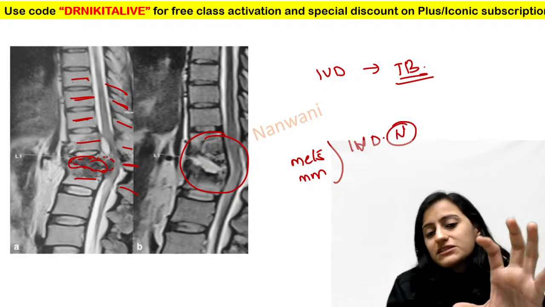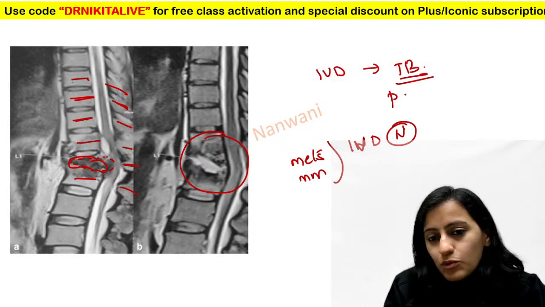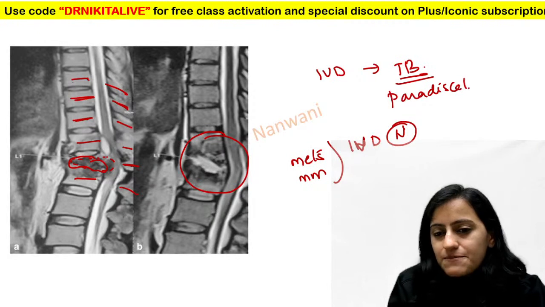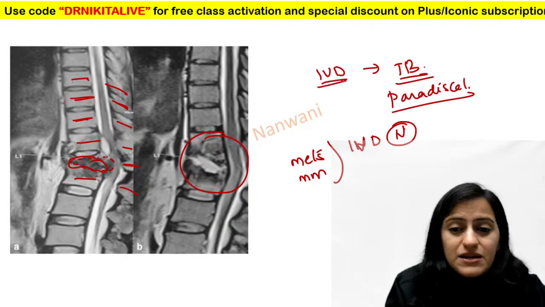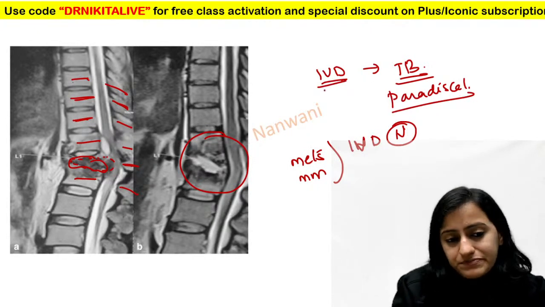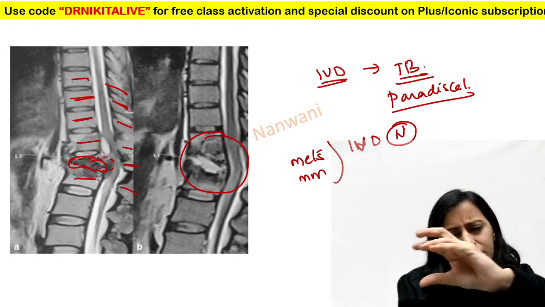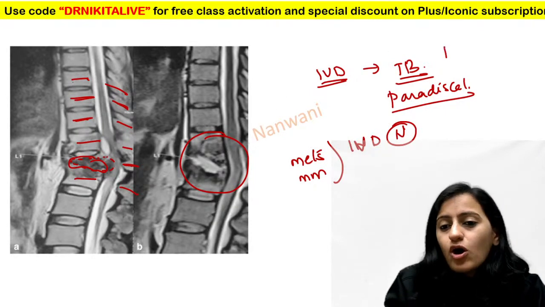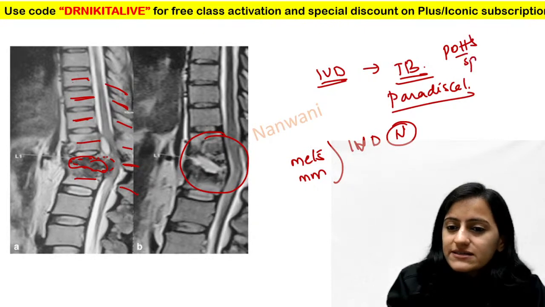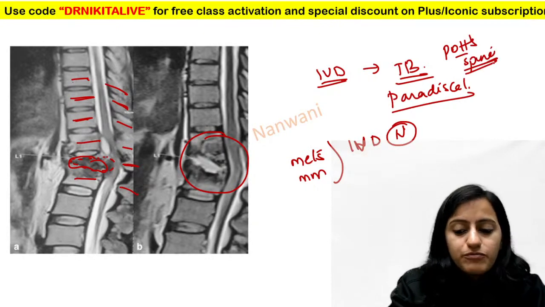They involve the vertebra, they do not involve the disc. While in TB, the most common type is the paradiscal type. It involves the intervertebral disc. So involvement of two vertebrae with the intervertebral disc gone, always think of tuberculosis, that is the Pott spine. Okay, always think of Pott spine.